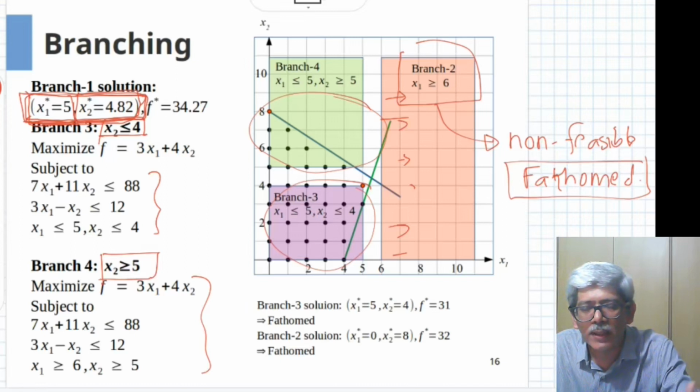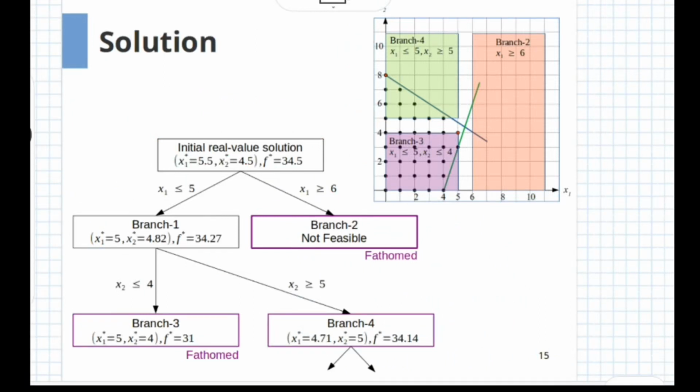So let's see how these overall branches for this problem look like. The branches begin at the first node, which is defined by x1 equal to 5.5 and x2 equal to 4.5, which is shown on the graph as this point, and we divide into two branches based on branch and bound method's logic.